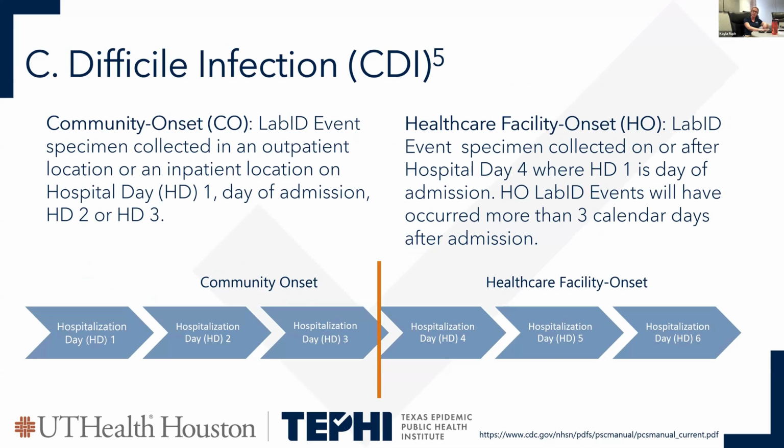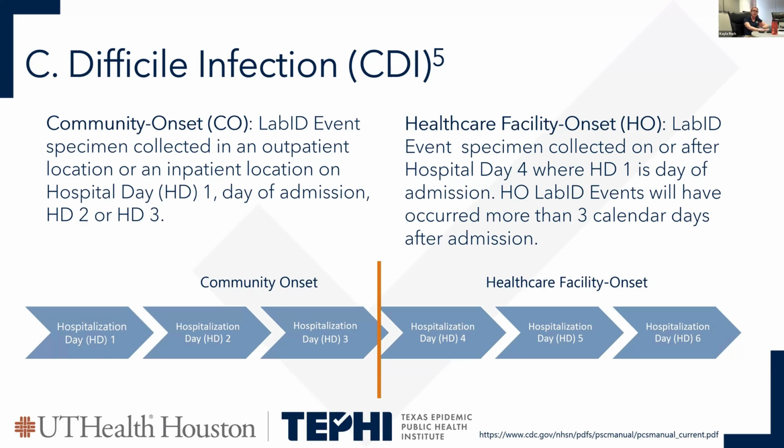And as I mentioned before, compared to central line associated bloodstream infections or catheter associated urinary tract infections, CLABSIs and CAUTIs, C. diff uses the third calendar day. So community onset, or CO, is deemed on hospital day 1, 2, and 3, but starting on hospital day 4, it is a healthcare facility onset, or an HO, leading to a healthcare acquired infection, an HAI. So that is one difference with your lab IDs.